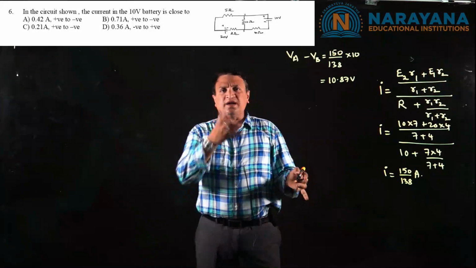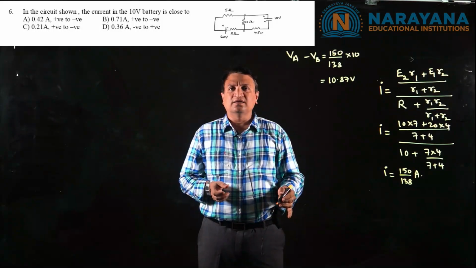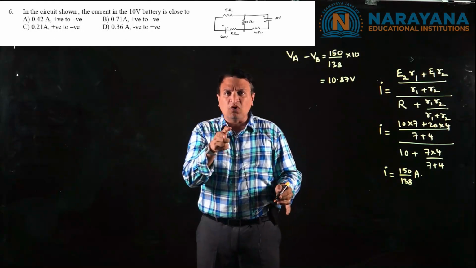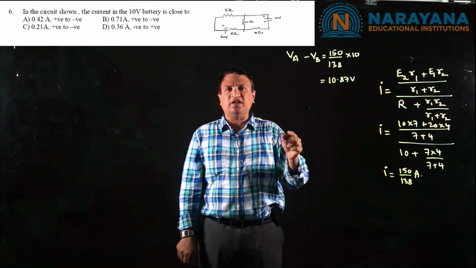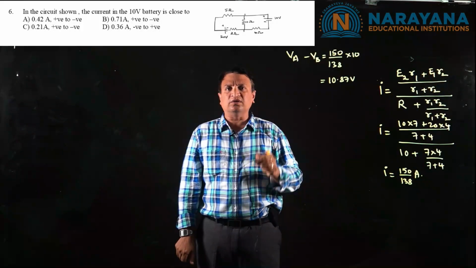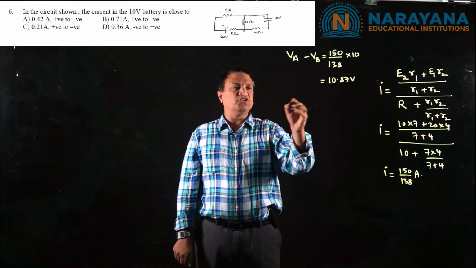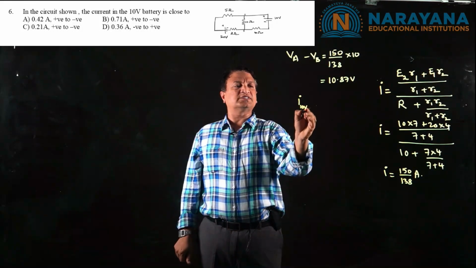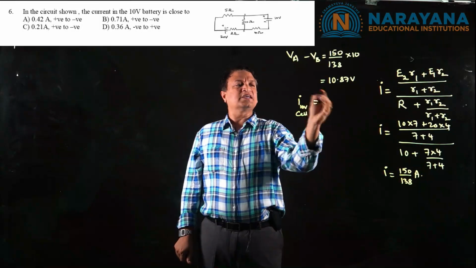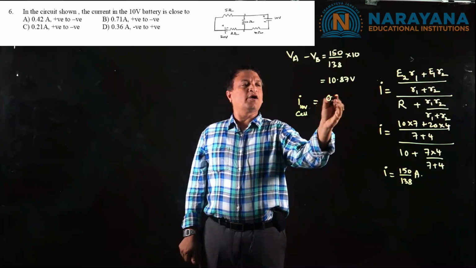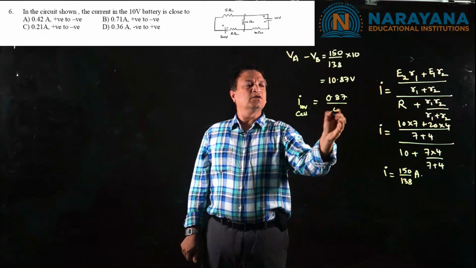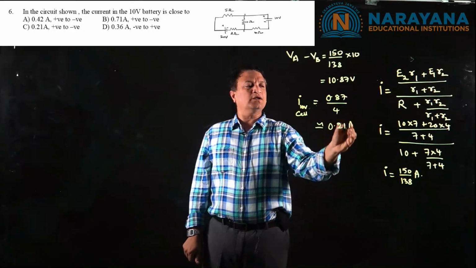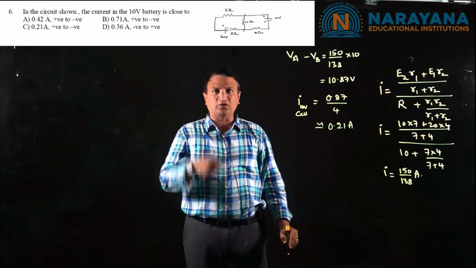Already the 10 volt battery is there, which means 0.87 volt is the drop across that 4 ohm resistor adjacent to the 10 volt cell, which means the current through the 10 volt cell is 0.87 by 4. This is nearly 0.21 amp. So my answer is 0.21 amp.